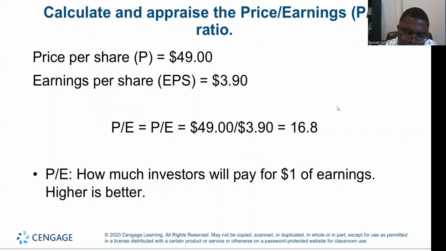The stock price is at $49 per share as at 2020. Then we have the earnings per share that is given as 3.9, which means that the PE ratio is 49 divided by 3.9, which will give us 12.56.